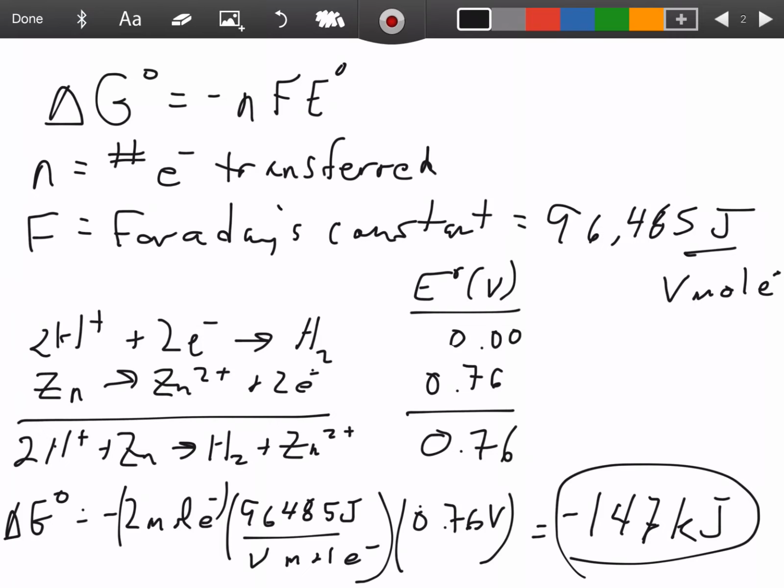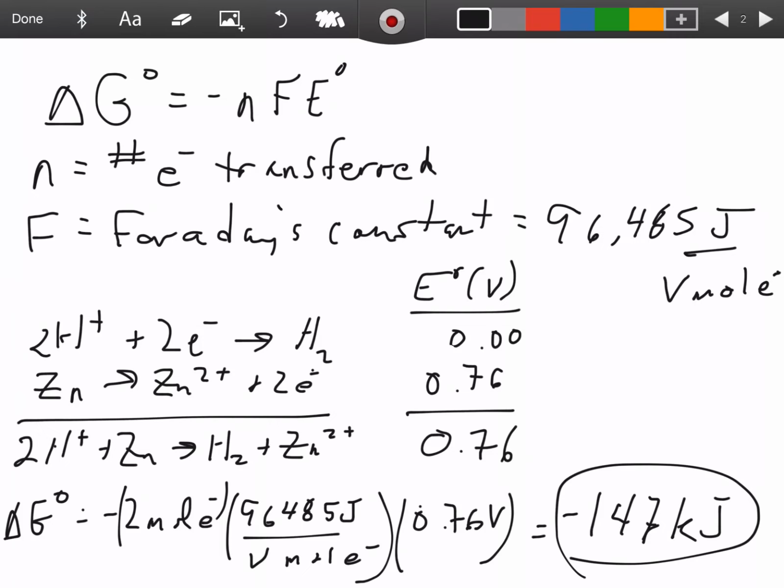If delta G had come out to be positive, obviously it would be not a spontaneous reaction. And if you recall taking a look at the copper half reaction, that came out to a negative 0.34 volts. So I would end up with delta G equals minus 2 moles of electrons times 96,485 times a negative 0.34, which would give me a positive value and therefore not be spontaneous.